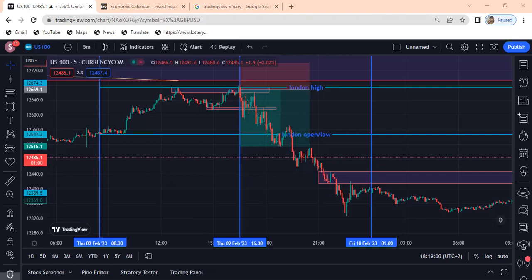Yeah, it literally followed the same pattern that we were talking about. Like I said, in one instance the low can also be the same as the open, or the high can also be the same as the open. It just depends. In this case, the low and the open were the same.